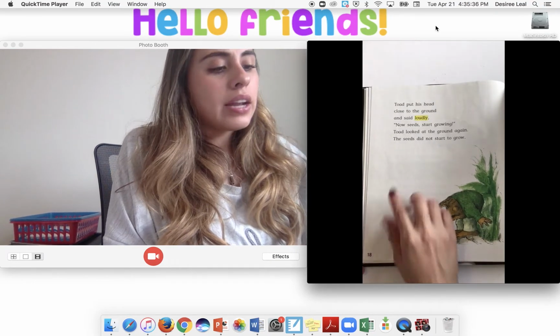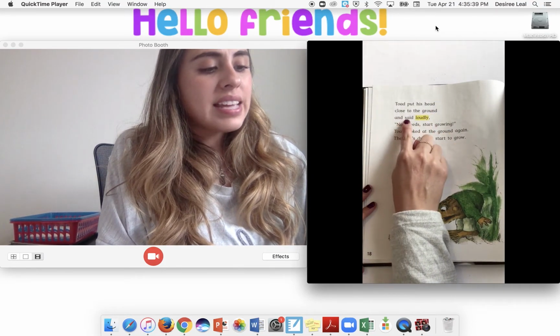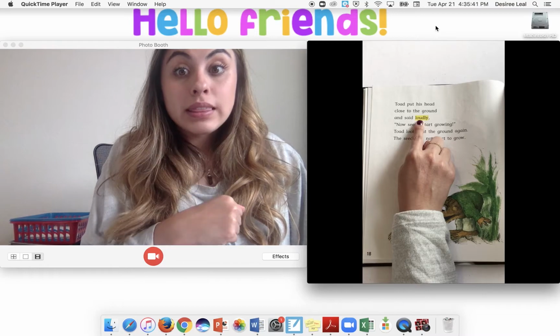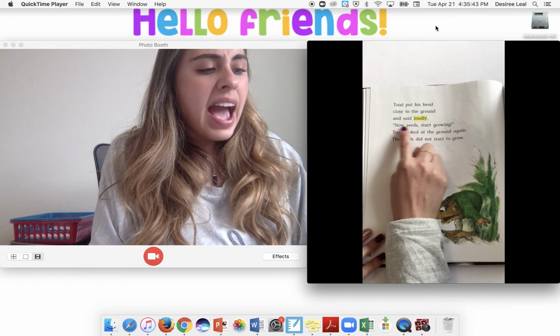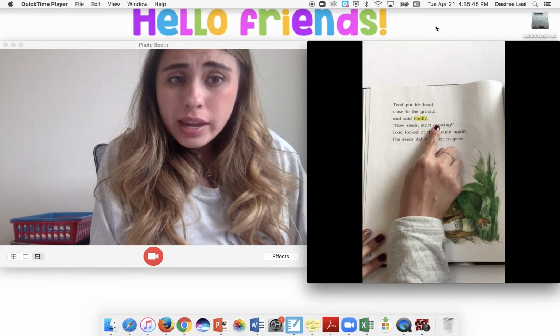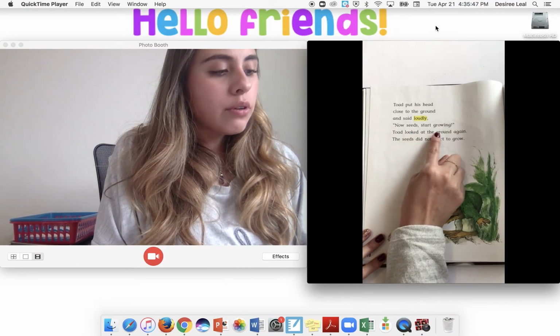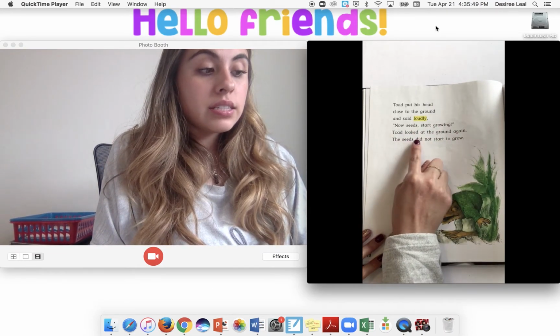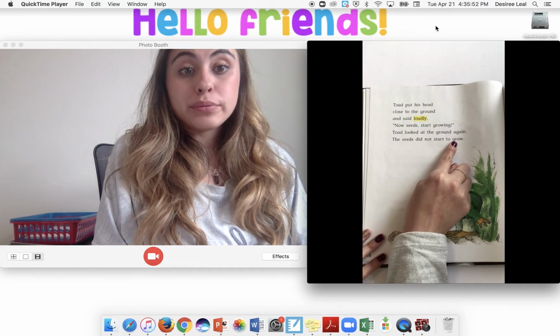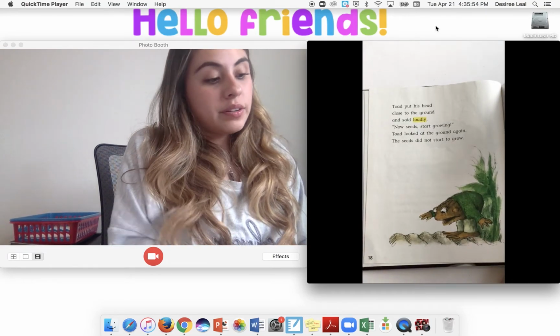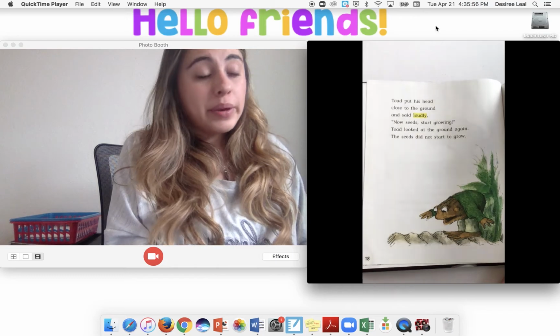Toad put his head close to the ground and said loudly, "Now seeds, start growing." Toad looked at the ground again. The seeds did not start to grow. So there he is yelling at his seeds and they're not growing.